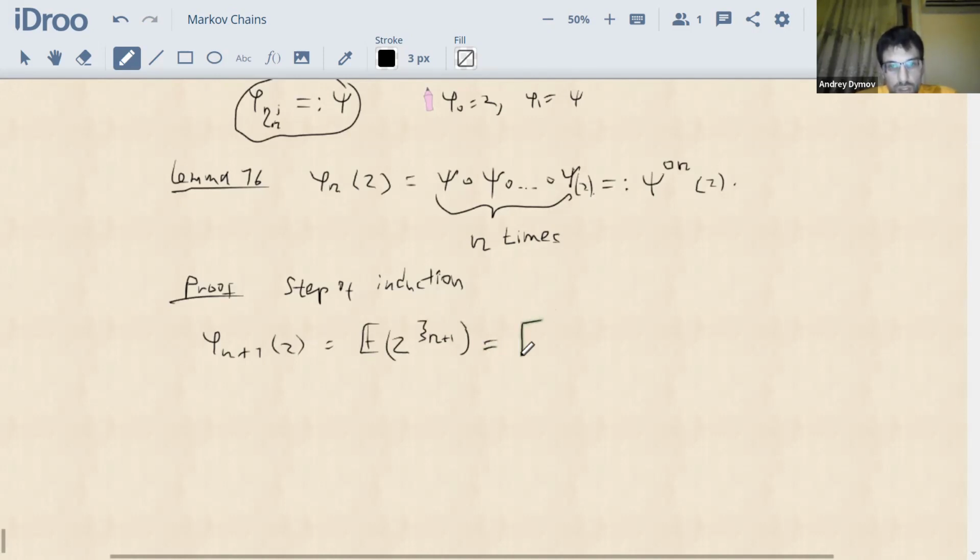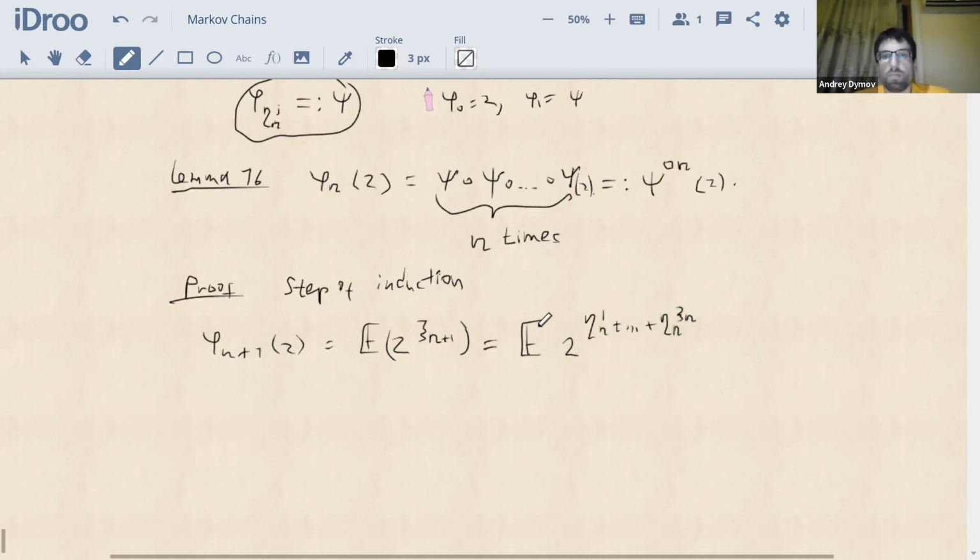And what is actually psi n plus 1? This is the sum eta n1 plus etc. plus eta n psi n.